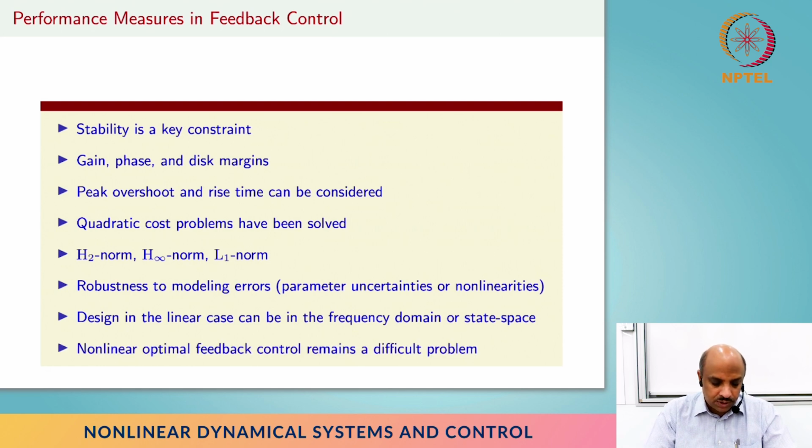And I don't have to drive this point many times. Nonlinear optimal feedback control remains a very difficult problem, right? So hopefully you understand the type of measures that we will be looking at, and we will pick some specific measures and solve, propose a problem, and then try to solve those things in the next part of this lecture.